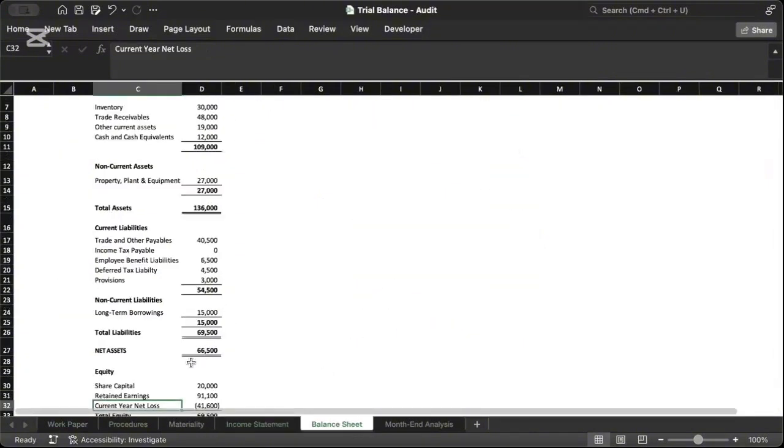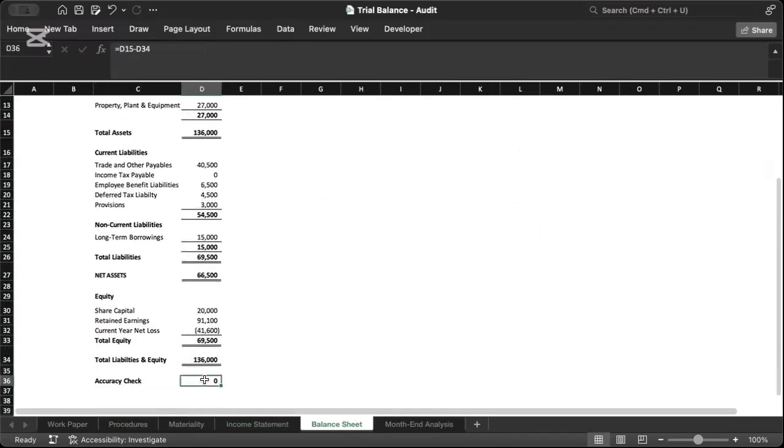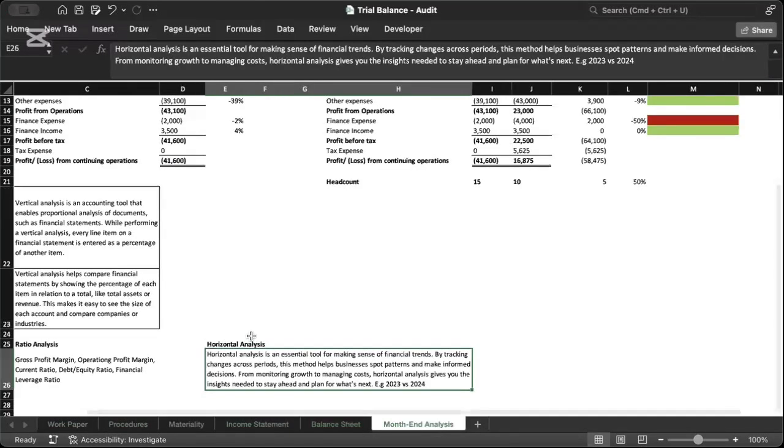So again, always check that the total assets less your total liabilities and equity should be 0. And you can see the balance is 136, 136. So you know that, okay, now I can send this to my supervisor.